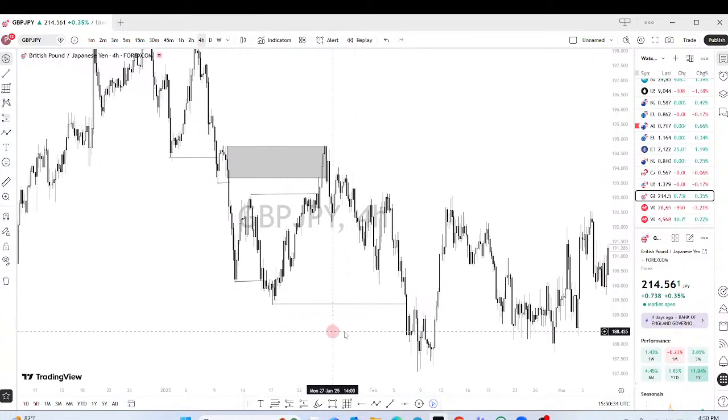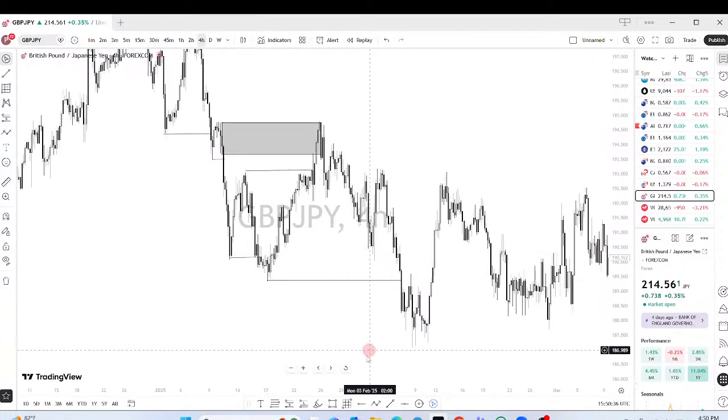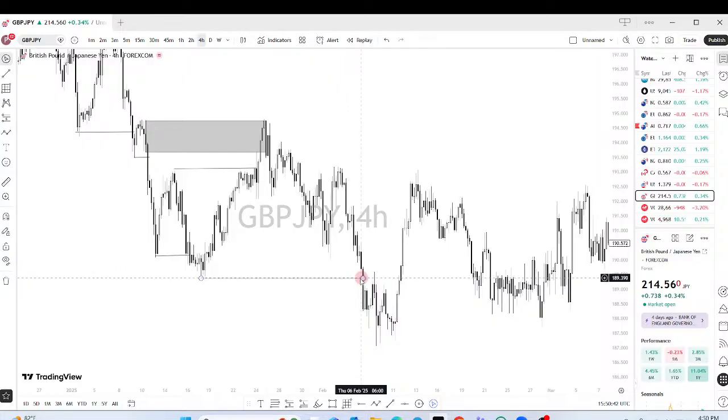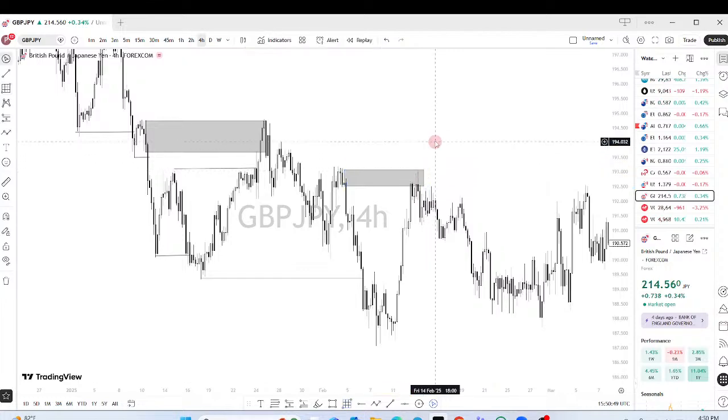See this breakout structure to the downside again. Which other block caused this breakout structure? Obviously this one, right? Do we have a liquidity there? Of course we have a liquidity here.